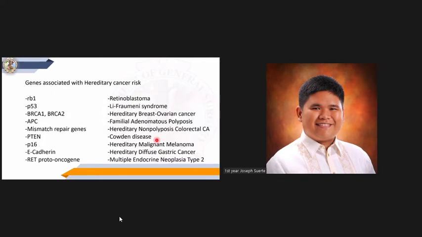So here are some of the genes associated with hereditary cancer risk. For example, mutations in your BRCA1 or BRCA2 cause your hereditary breast ovarian cancer. Your alterations in your APC can cause your familial adenomatous polyposis. And so on.